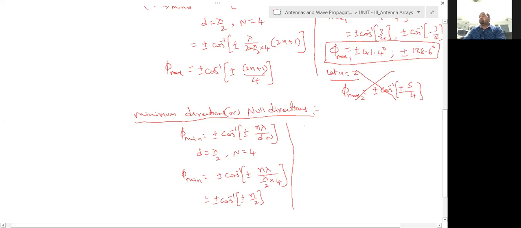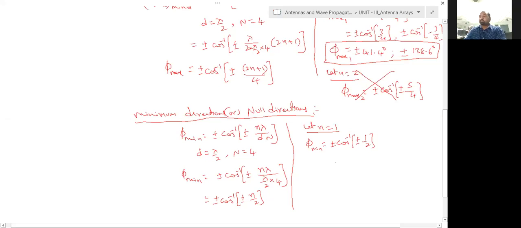And now let n is equal to 1. So phi minimum is equal to plus or minus cos inverse of plus or minus 1 by 2.